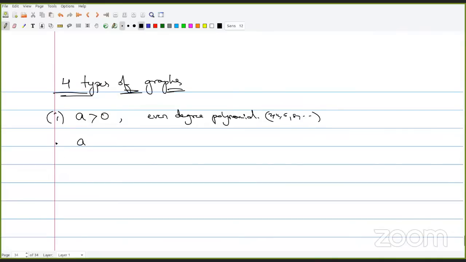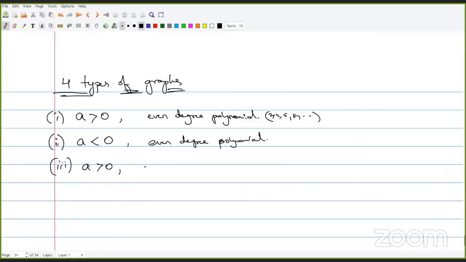First type. Second type is leading coefficient less than 0, and it is an even degree polynomial. Sir, can you repeat the end behavior, please? This is the end behavior. I am explaining the end behavior.